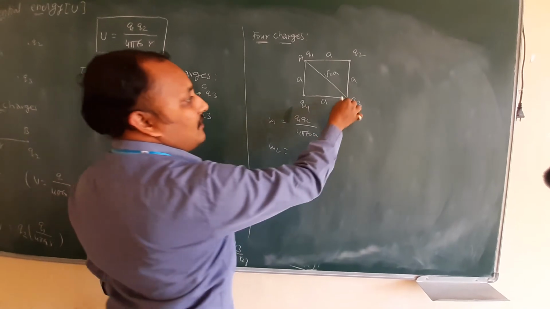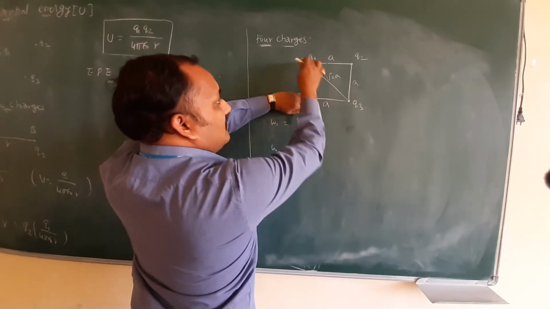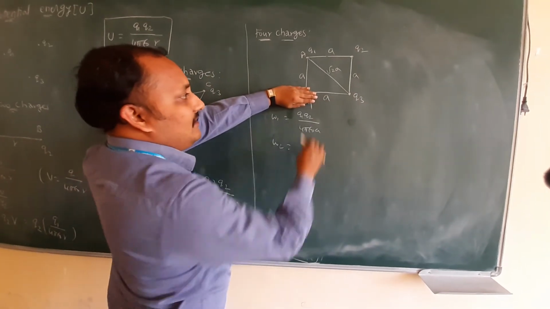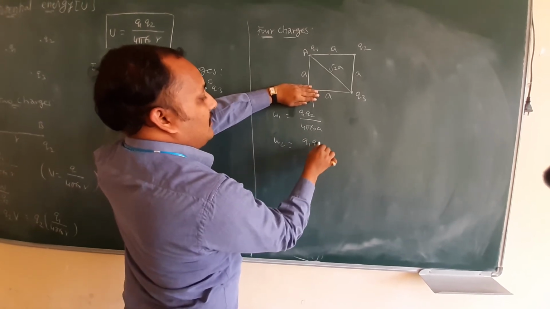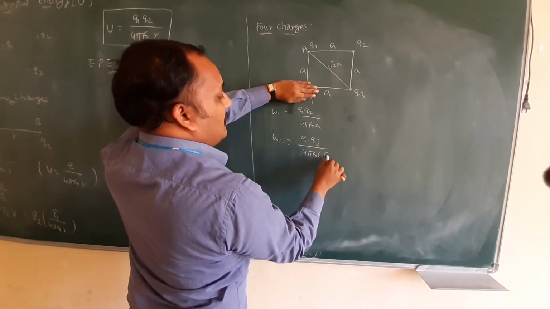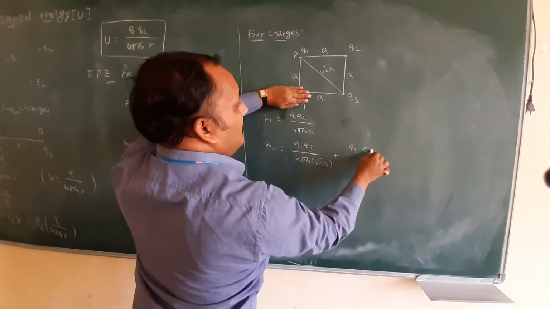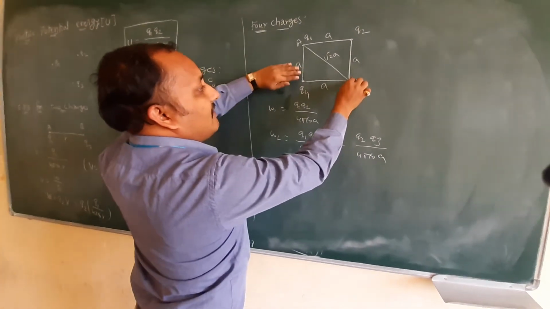Correct. Now whenever I am bringing Q3, Q4 is not there, so we have to take these two and these two. Work done: Q1 Q3 by 4 pi epsilon naught, and what is the distance? Root 2 a. And for these two, Q2 Q3 by 4 pi epsilon naught a. This is the work done whenever I am bringing Q3.